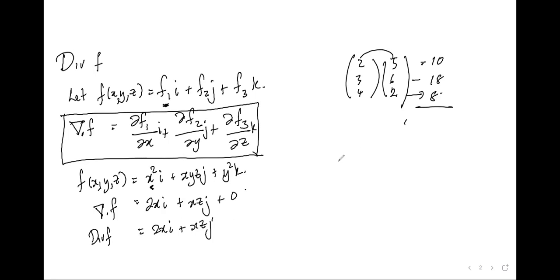Sir, when you say first, second, and third term, you mean the i, j, and k terms? Because what if you have only two terms, for example, i and k? Then the second term is equal to 0. Okay.